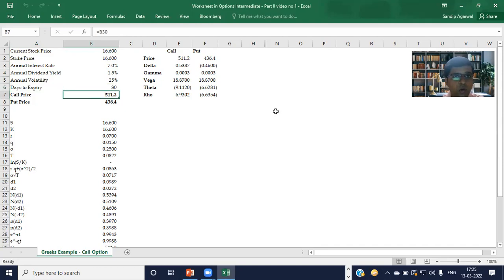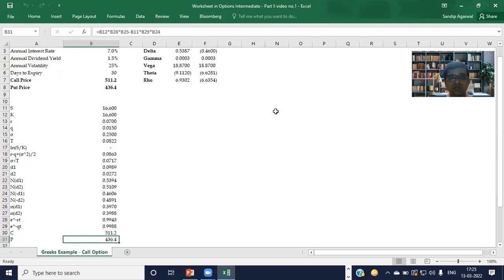So the call option price is 511 rupees and the put option price is 436 rupees. It is determined with the help of the Black-Scholes model. You can see I have done the various calculations over here. We don't need to go into the details of this calculation.